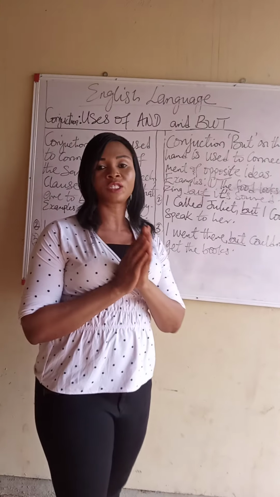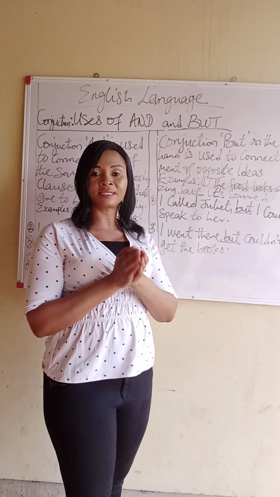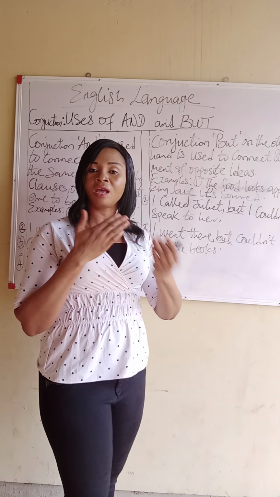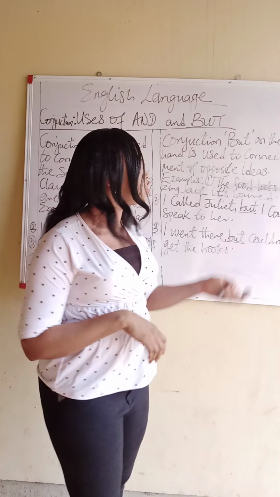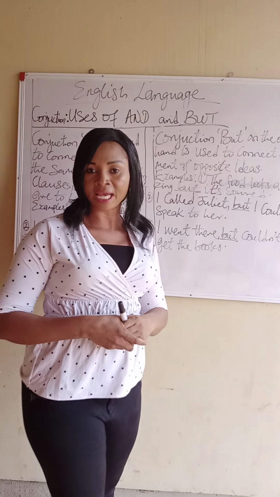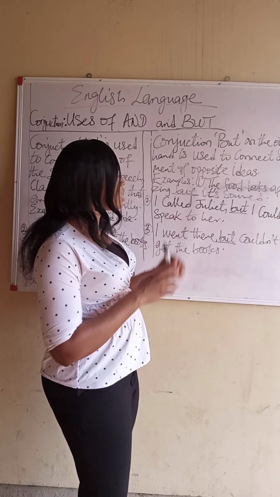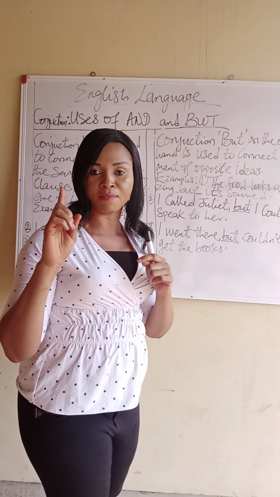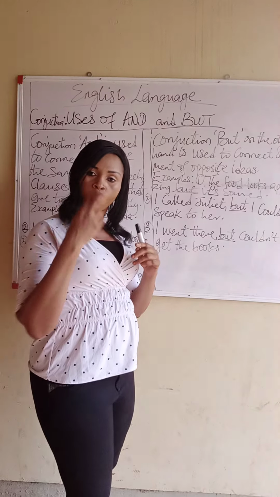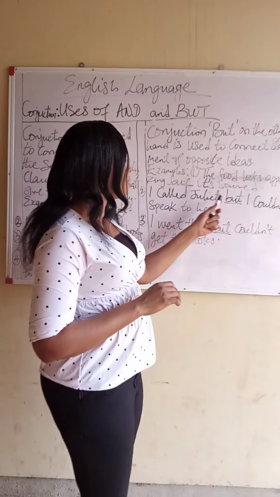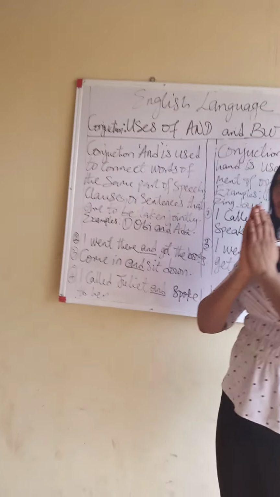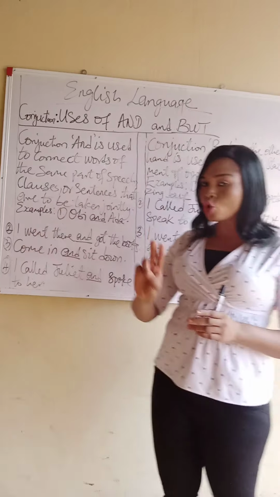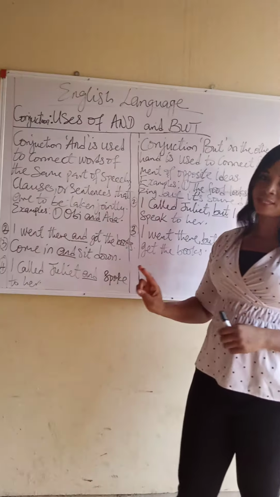So whenever we are using clauses that depict opposite ideas, we go with "but". And whenever we have one positive statement to join with one negative statement, we use "but", unlike "and", which is used to join two positive statements together.